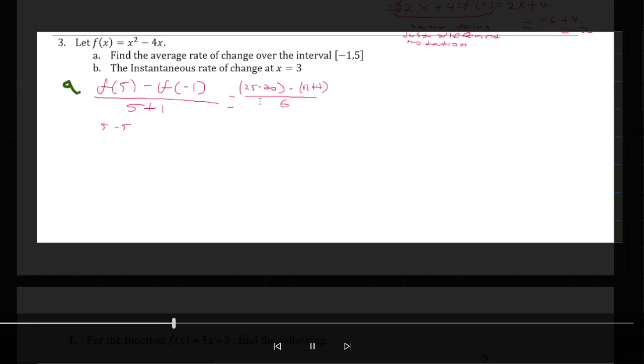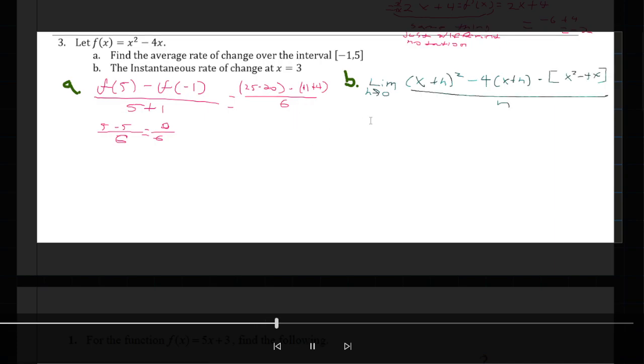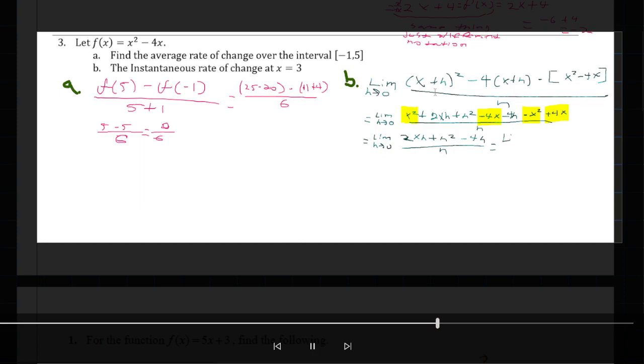But here I substituted in, did algebra, and afterwards I ended up getting 0.6 again for my rate of change. And here I'm substituting everything inside the limit definition of derivative or Newton's quotient or, I think this is first principle.